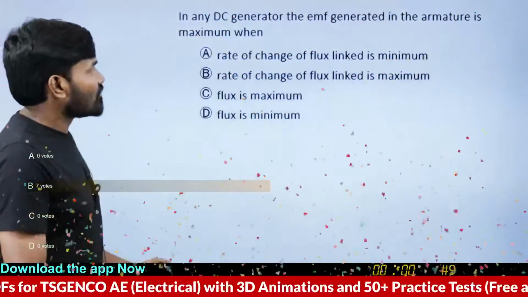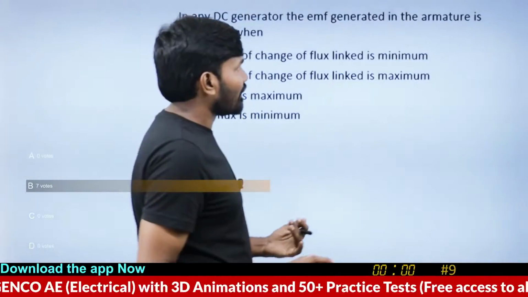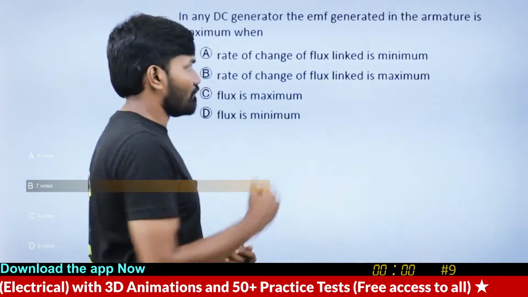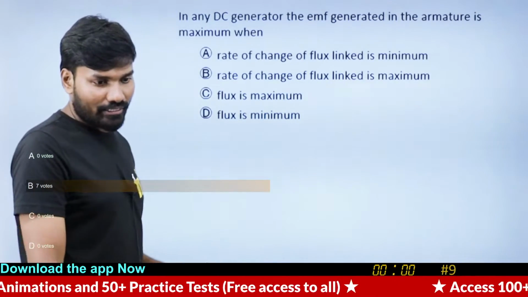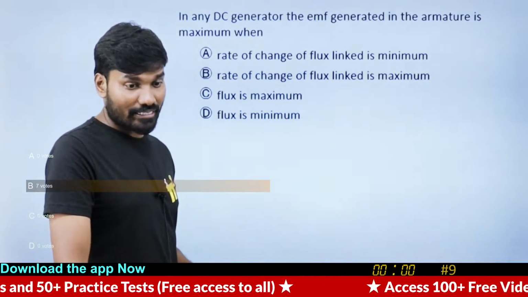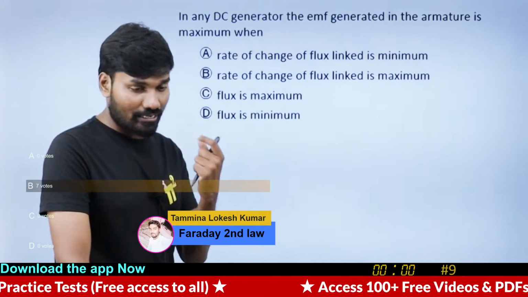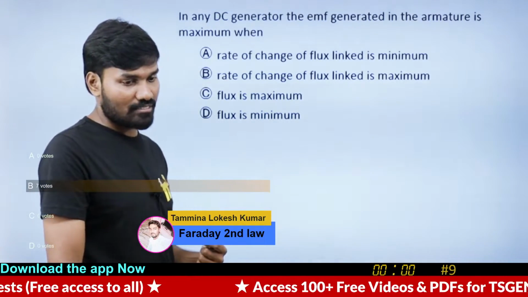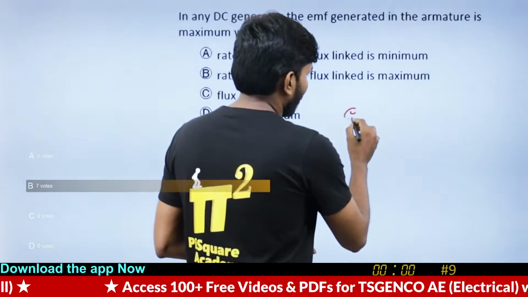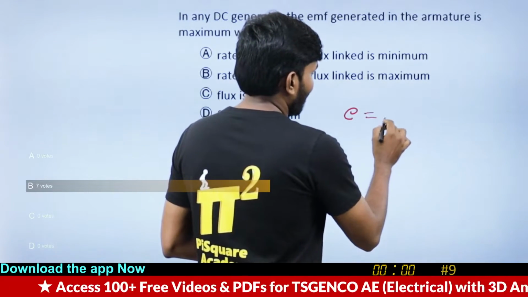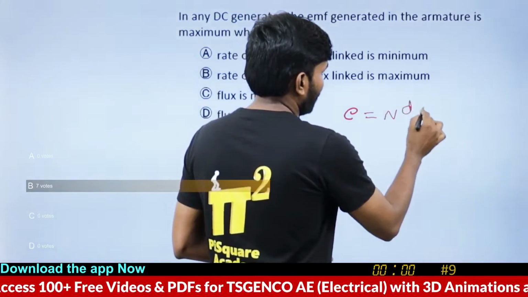So in any DC generator, the EMF generated in the armature is maximum. That's exactly what I think Lokesh has stated. He said that line more precisely. So EMF induced is equal to N d phi by dt.